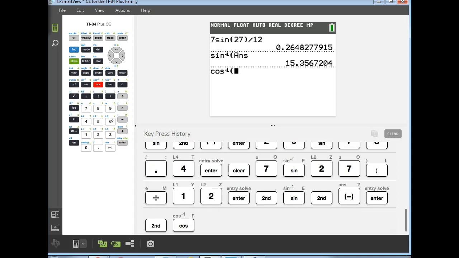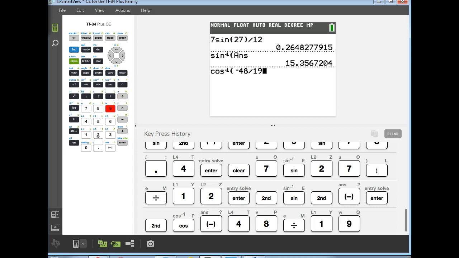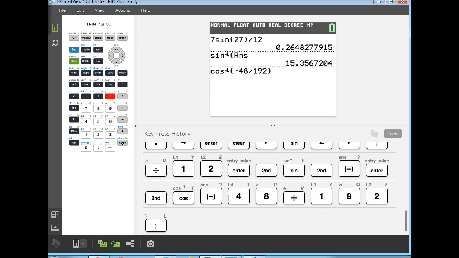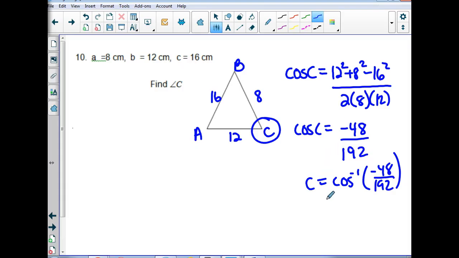Second cosine, negative 48 divided by 192. 104.5. And that was in degrees, so C was obtuse.